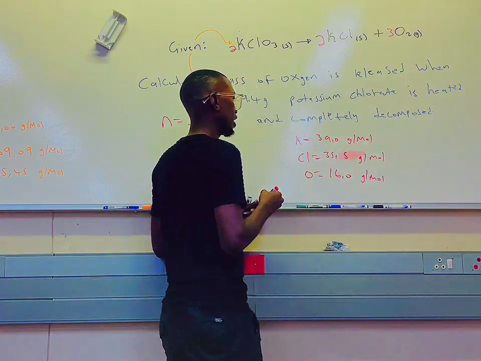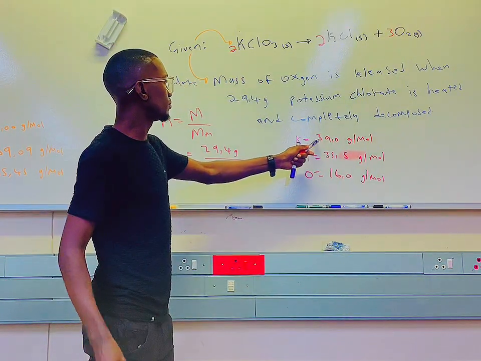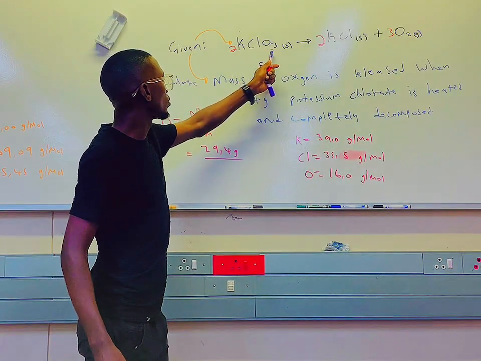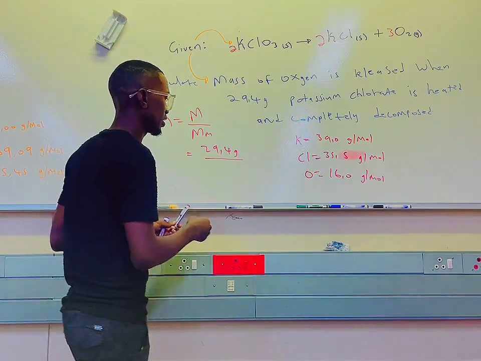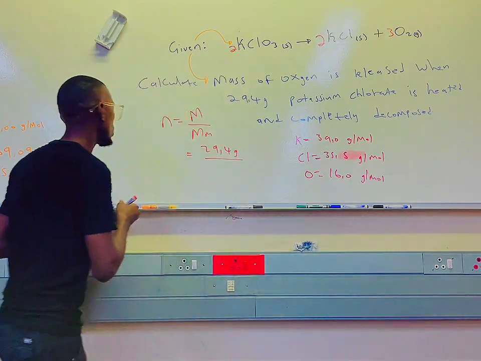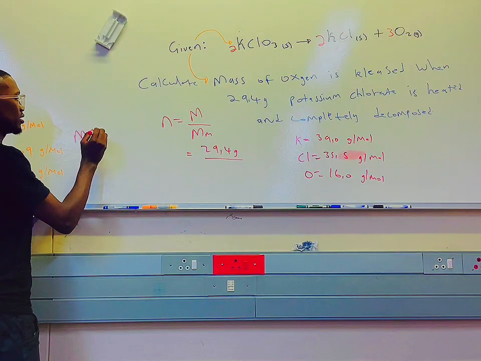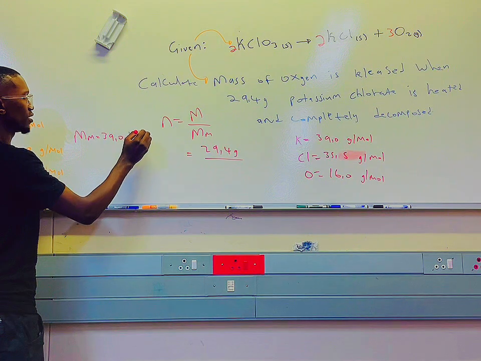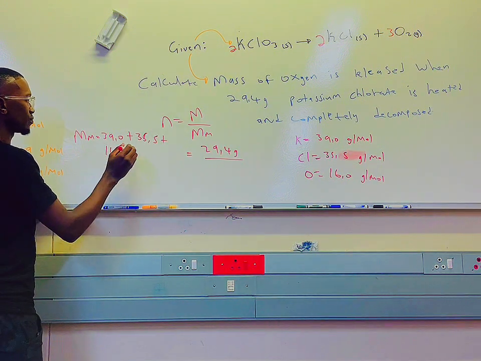Now let's find the molar mass. We need to combine these. Here you can see I have 1, 1, 3. Let me show you how to do this when it comes to oxygen. Your molar mass is going to be 39.4 plus 35.5 plus 16 times 3.